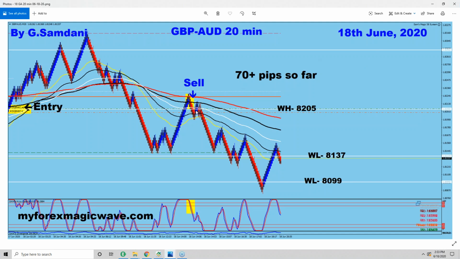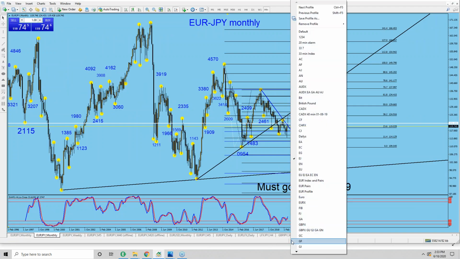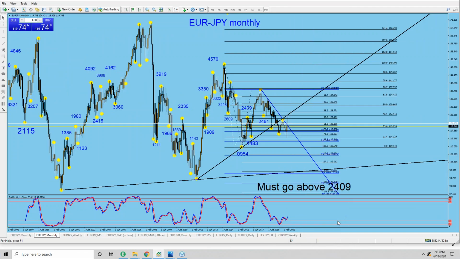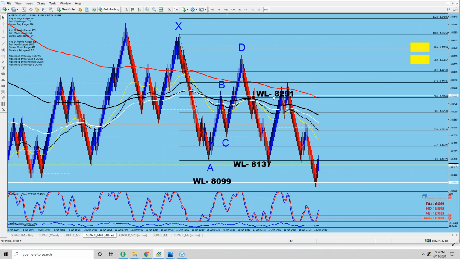This is 70 pip, and look, again, this drop went up to the level, 82.05. You want to know where this level comes from, let me show it to you. This is the trick. This is what the game is. It's just a matter of learning, that's all. 82.05, that level, 82.91 right there.